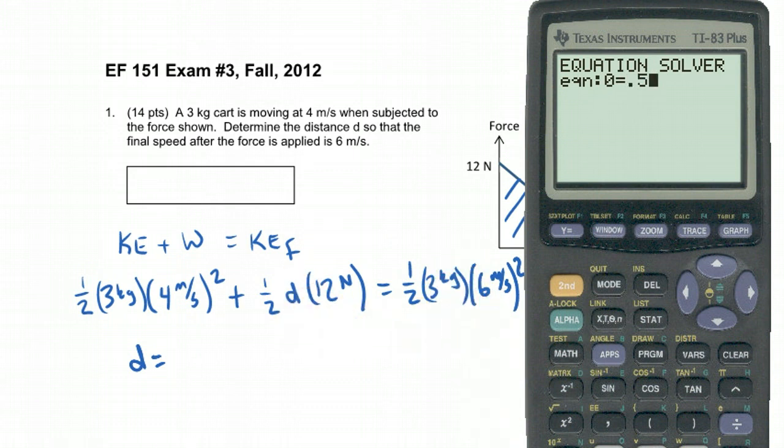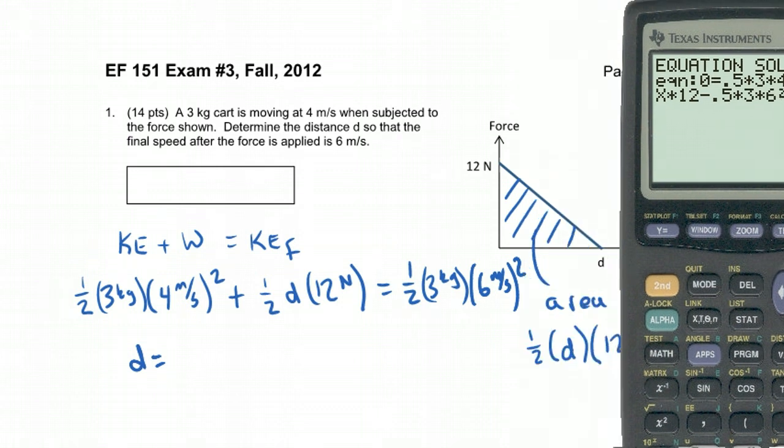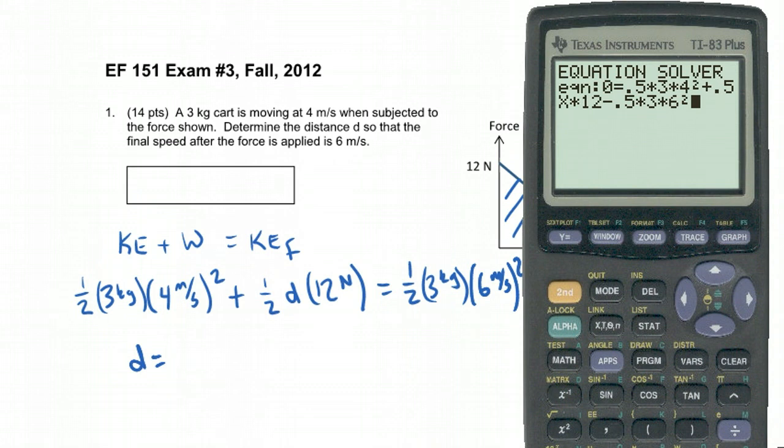So I'm going to have 0.5 times 3 times 4 squared, this term, plus 0.5 x I'll use for d, times 12. And then moving it to the other side, 0.5 times 3 times 6 squared. Okay, double check my equation, that looks good.